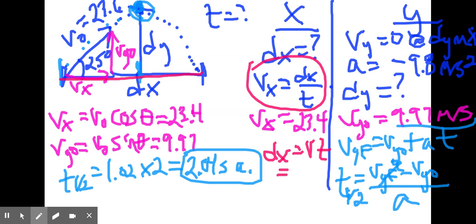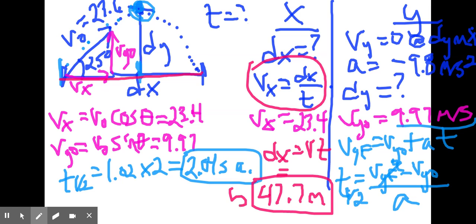So if you do that, you should have, let's see, 23.4 times 2.04, and that will give you 47.7 meters for part B. So that's how far in the x direction Captain Kirk travels on his motorcycle.